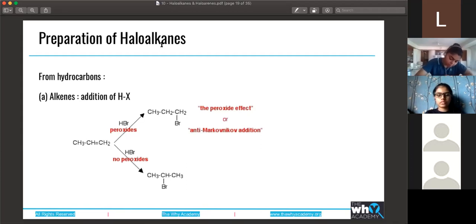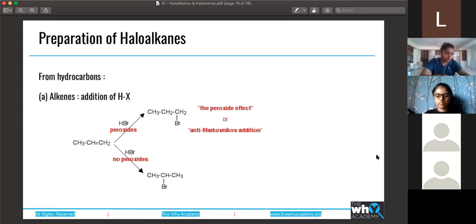No, both of them are the same. Because of the presence of peroxides, the addition follows anti-Markovnikov. Do you want me to go over this addition reaction again? No, ma'am.